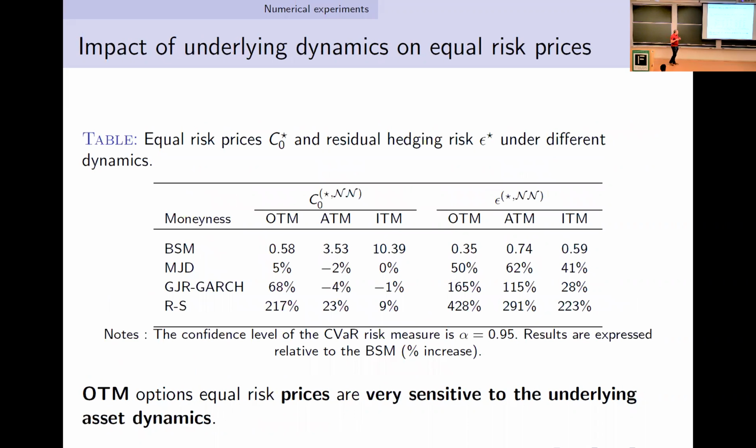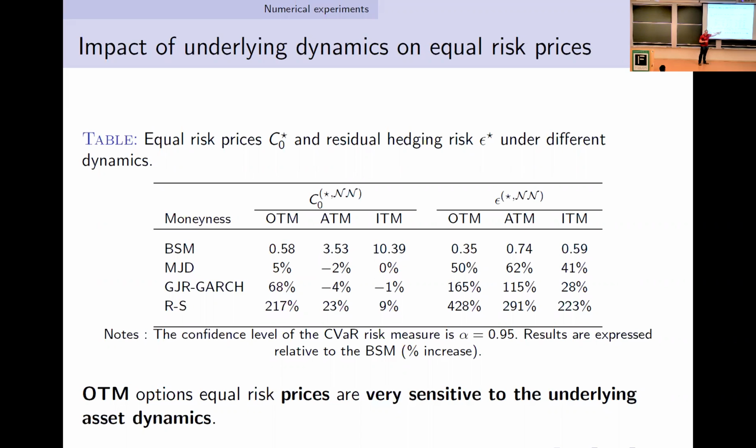Okay, so now we wanted to assess robustness to the model specification. So if we consider various generating models, how are our prices impacted? Okay, so the various models we consider are the following.